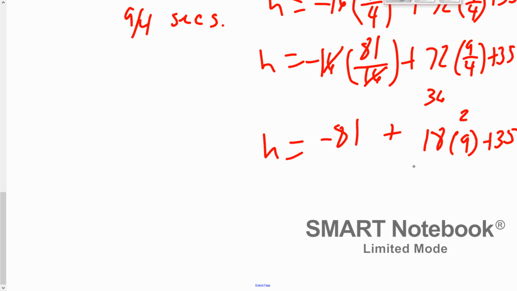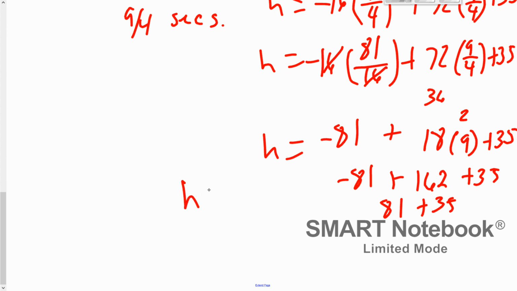Okay, so that's 162 plus a negative 81, well that's half, right, so that's equal to positive 81, and then we add in 35, so 81 plus 35, so that's 116, so our height is equal to 116.